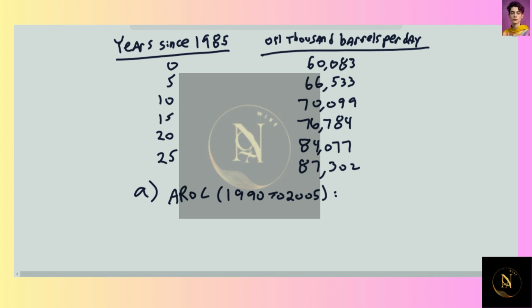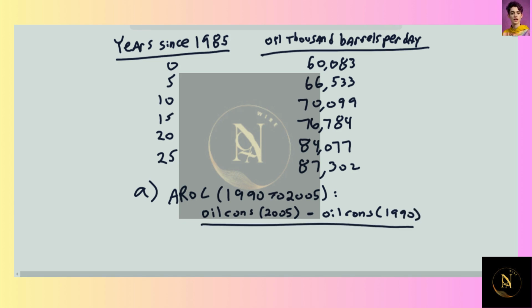Okay, well, the average rate of change will be oil consumption in 2005 minus oil consumption in 1990 divided by 2005 minus 1990.